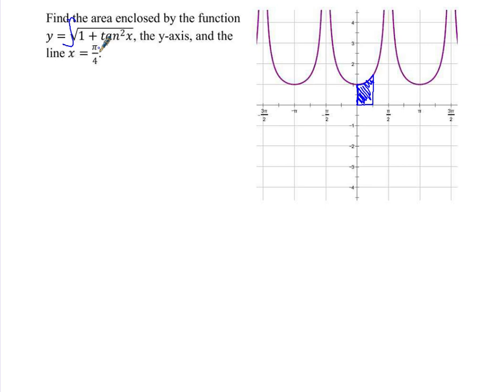One plus tangent squared is secant squared. So I can convert this then, and now I have y equals the square root of secant squared x. That is just secant. So we wind up with just y equals secant. So now I can integrate secant x dx.